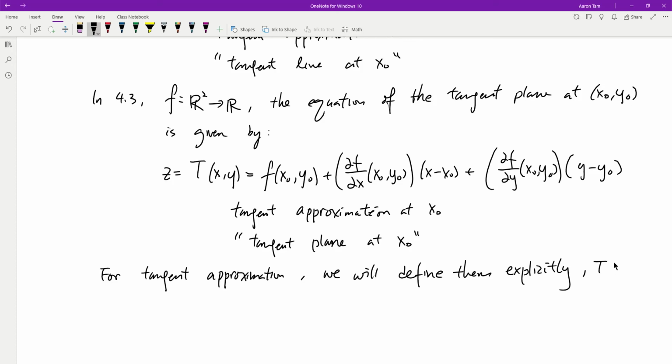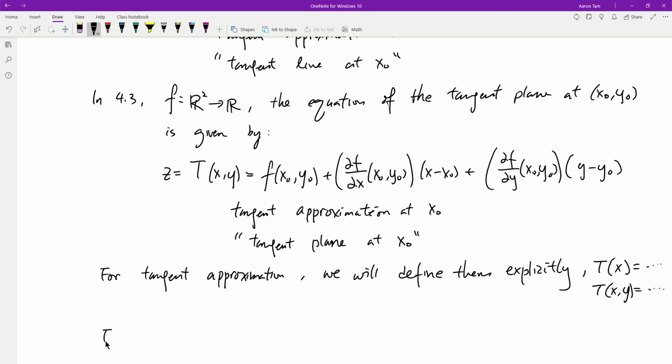Meaning it usually would be T of x equal to something, something, something, or T of xy equal to something, something, something. So that's how we write them. We have the function by itself, and then have the formula on this side.